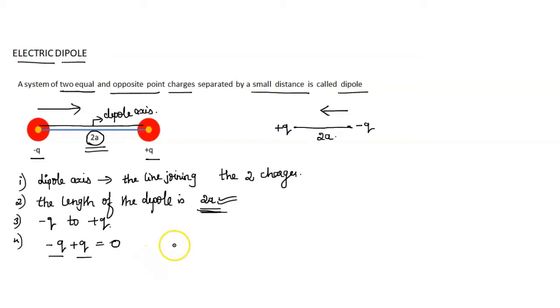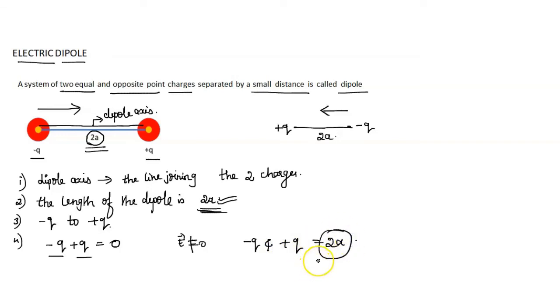But what about the electric field? Even though the total charge is 0, the electric field due to the electric dipole is not equal to 0. It has some value. This is because the charges minus q and plus q are separated by some distance, that is 2a.